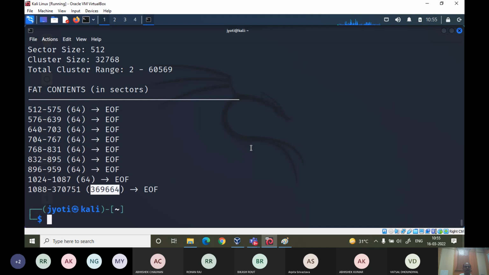So how much is needed for 188 MB? 188 into 1024 into 1024, divided by the cluster size, which is 512 into 64.